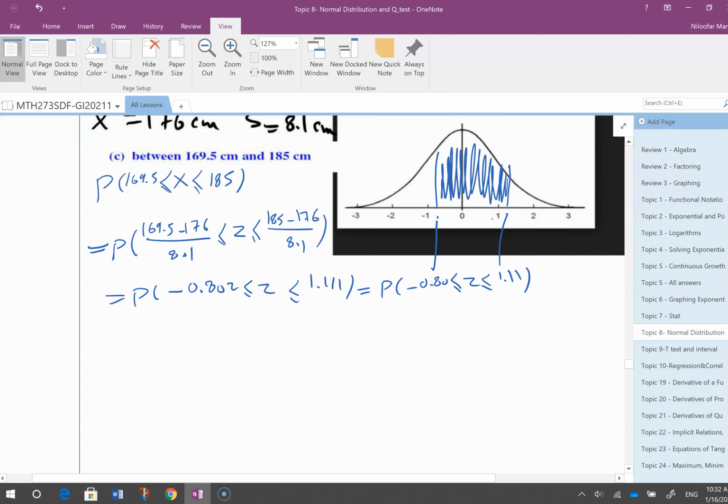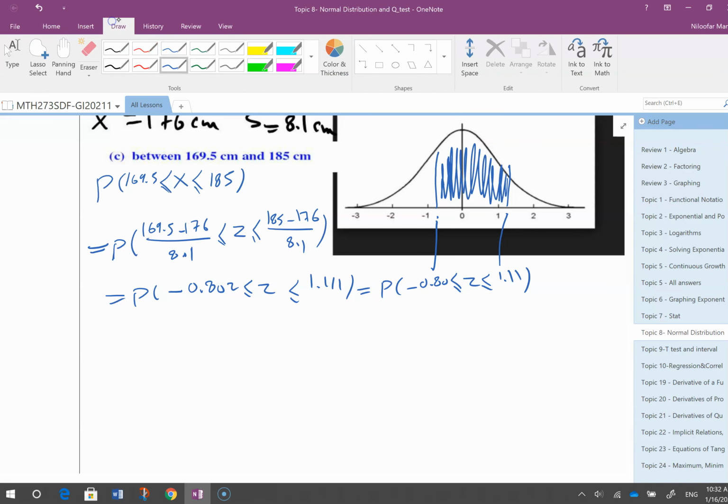Can I say this is like this part plus this part? Yes. For the part which is 0 to 1.11, it's easy because I can use the table. But for the part which is negative, I have to do something else.